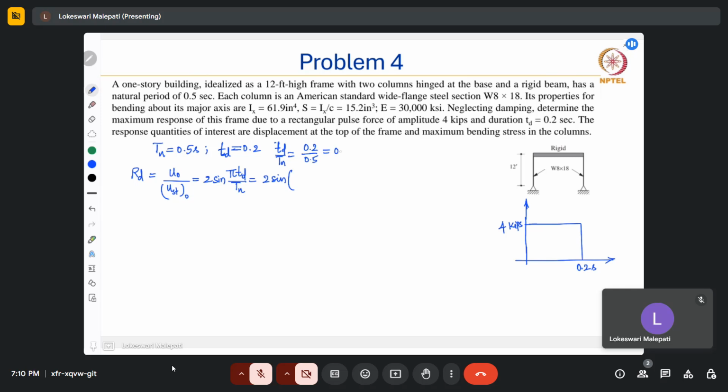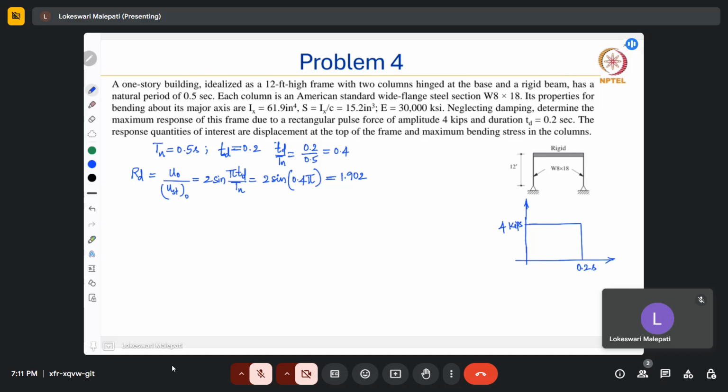So that would be 0.4. So now we have 0.4 times pi. If you evaluate this, you would get a value of 1.902.